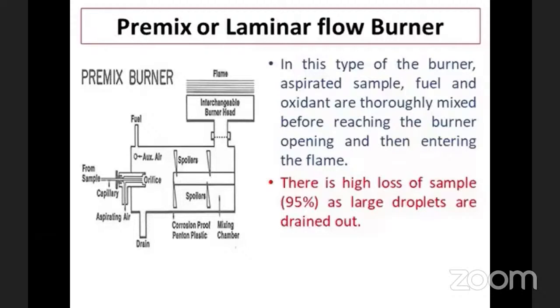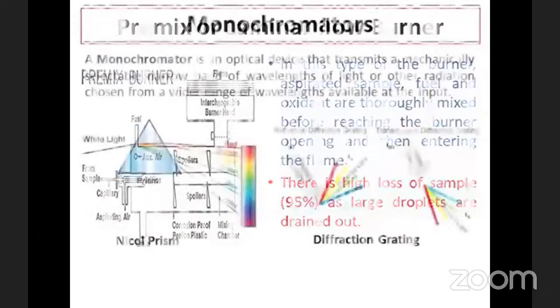Due to the large wastage of sample, fewer atoms are excited and consequently the emission intensity is weak, and this lowers the sensitivity of the estimation. But the advantage of this laminar flow burner is that the flame produced is stable, non-turbulent, noiseless and large in cross section.